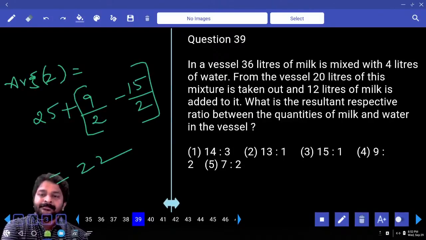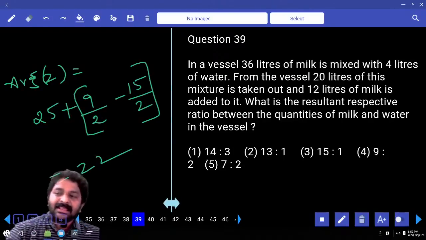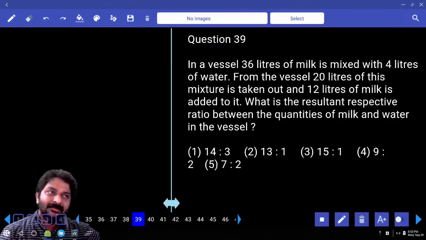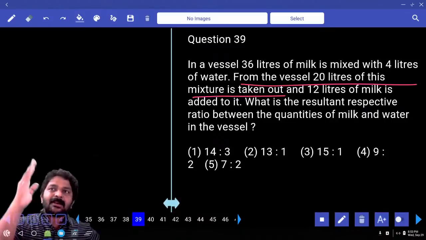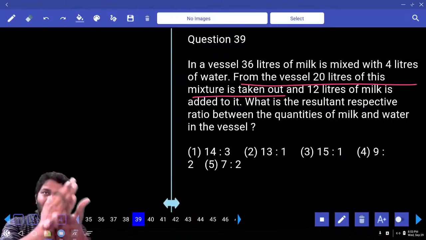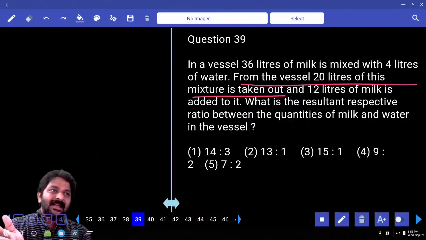Over. In a vessel, 36 liters of milk is mixed with 4 liters of water. So how much quantity do we have now? 40. From the vessel, 20 liters of this mixture is taken out. That means how much fractional part is taken out? Half. Then the remaining is half.